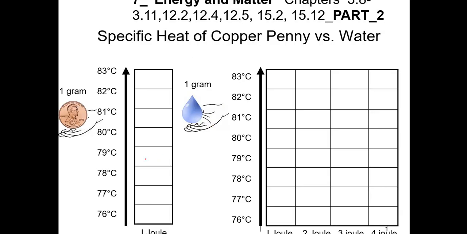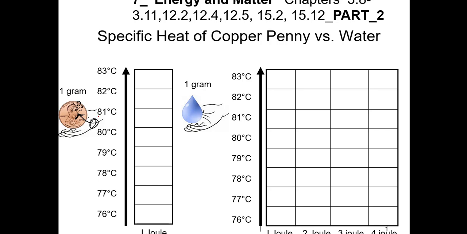In this example to the left, I have my hand, and my hand is full of that heat energy. As I hold a copper penny, it's going to be transferred into the copper penny. And then the particles are going to start moving, such as vibrating. Now let's relate temperature back to movement.